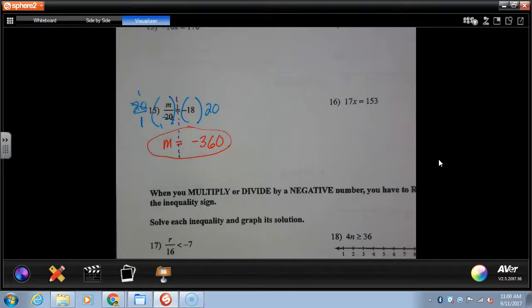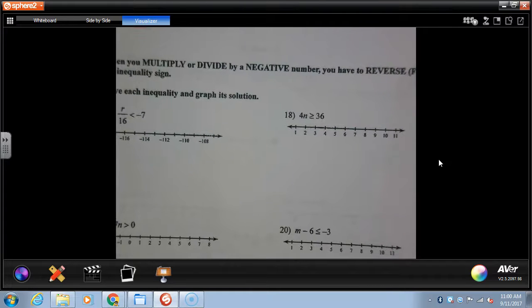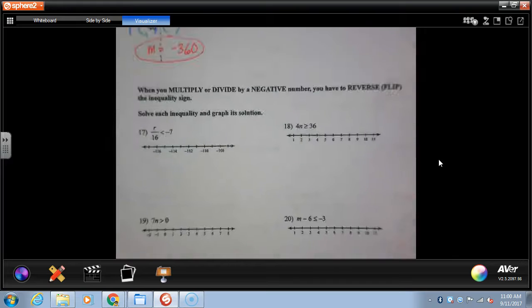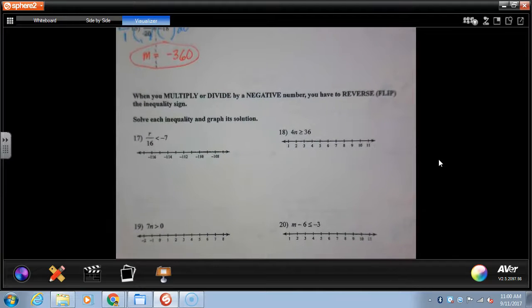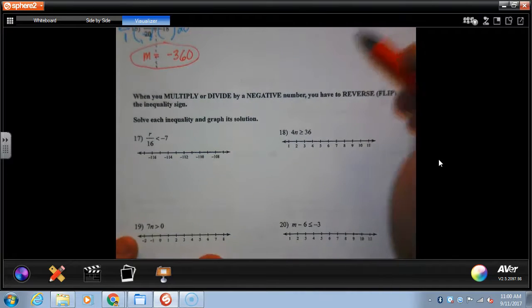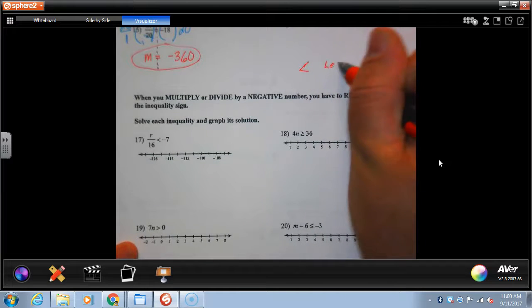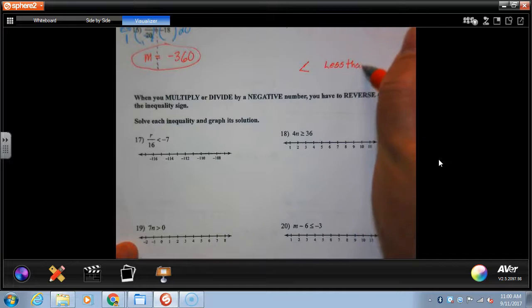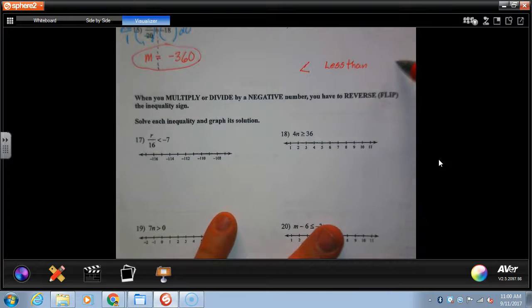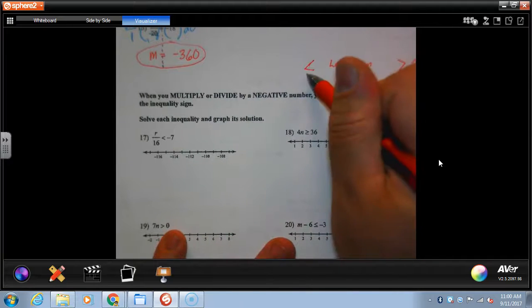What about inequalities? First of all, what is an inequality? What kind of signs can I have for an inequality? Less than, greater than. Yeah, and then we can have the equal sign with these, right?